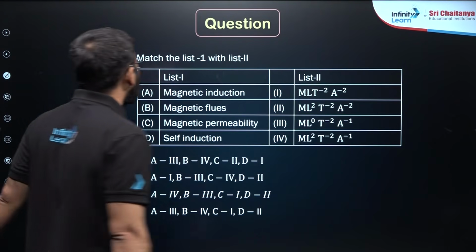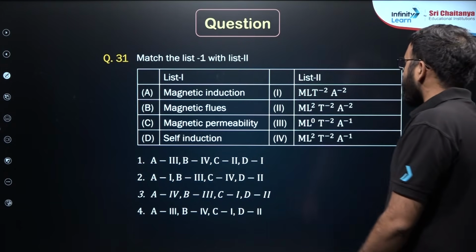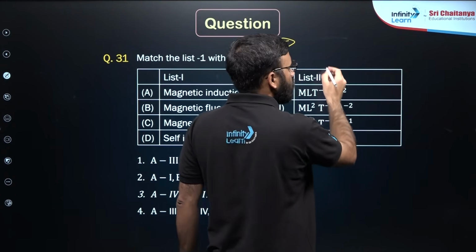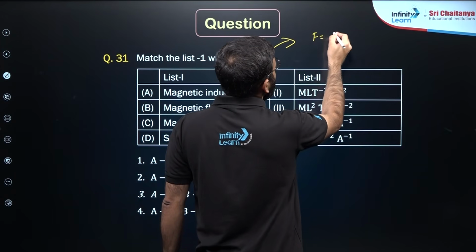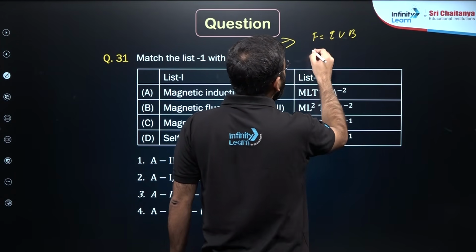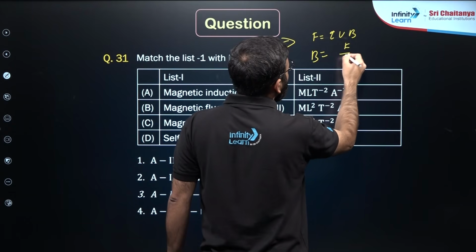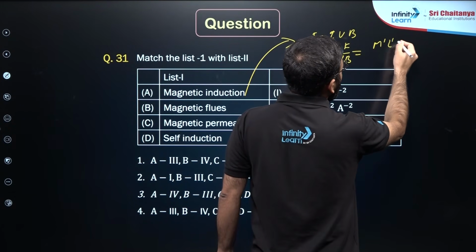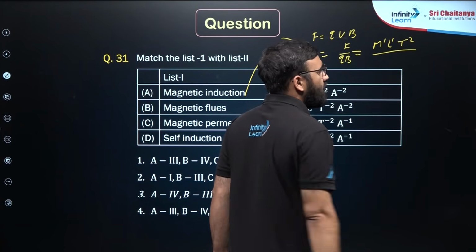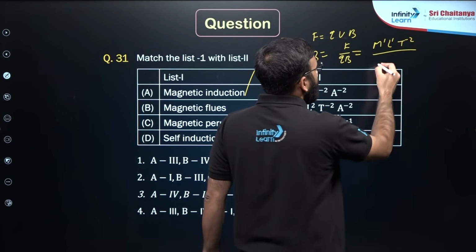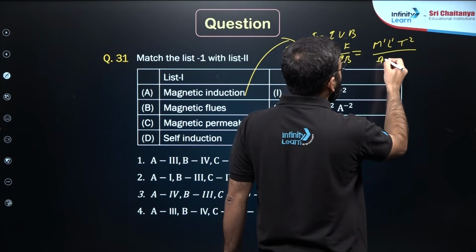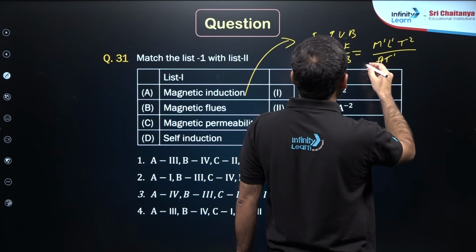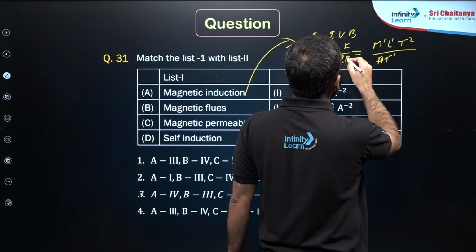Next one, match the list of first one with the second one. First, what is the magnetic induction? F equals Q V B, so B equals F upon Q V. What is the dimension of force? M1 L1 T minus 2. What is the dimension of charge? Ampere into time, current times time, so A into T. What is the dimension of velocity?